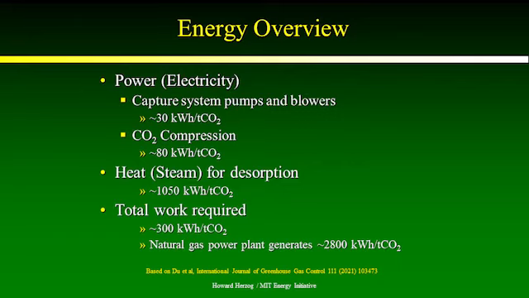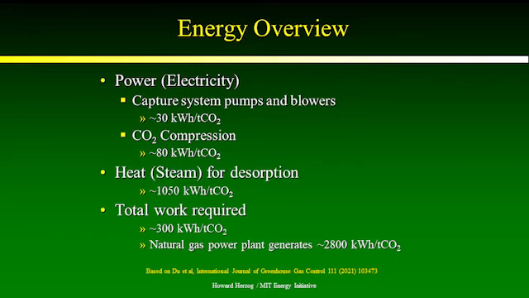We also, at the end, have CO2 come out, which is only at 1 atmosphere. And generally, we need the CO2 compressed up to maybe 100, 150 atmospheres, so we can put it into a pipeline and move it for storage or utilization somewhere. So those both take energy, and you can see numbers here.